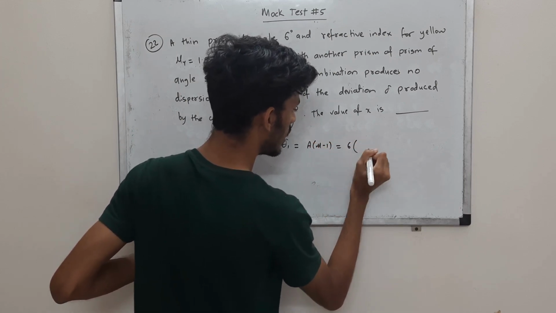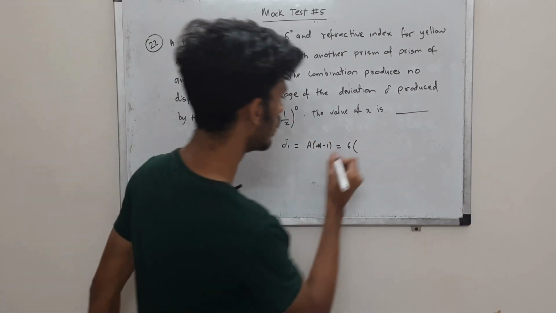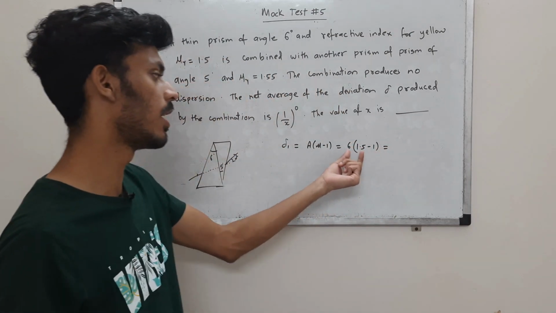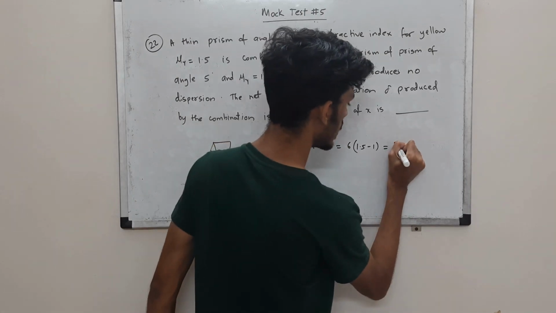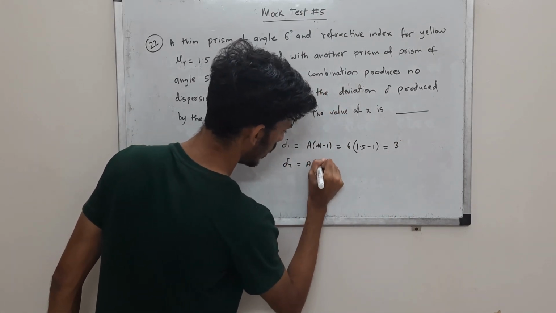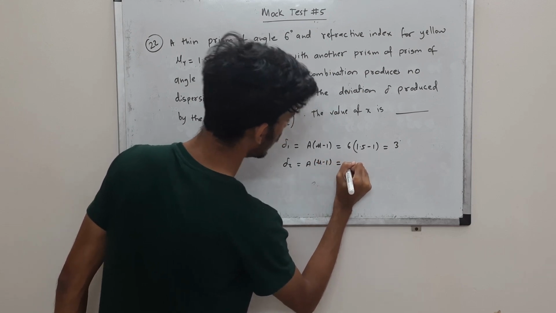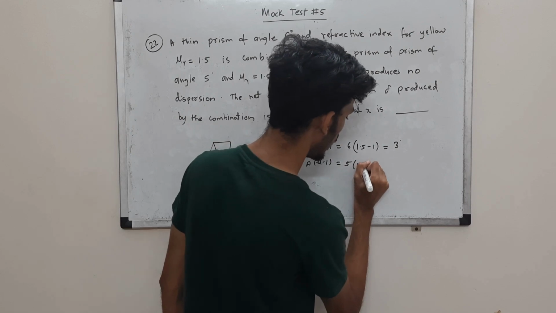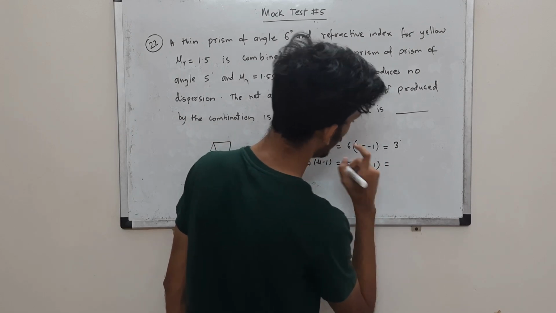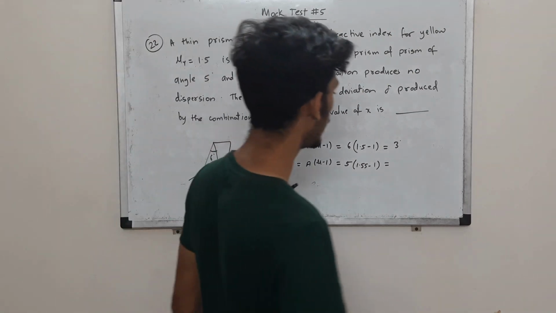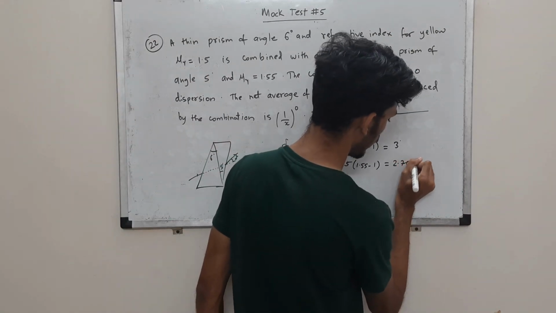A is 6 degrees for the first prism, refractive index 1.5 minus 1 is 0.5, and 0.5 into 6 is 3 degrees. Delta 2 will similarly be A into (mu minus 1) for the second prism: angle 5, refractive index 1.55 minus 1 is 0.55, and 0.55 into 5 is 2.75.